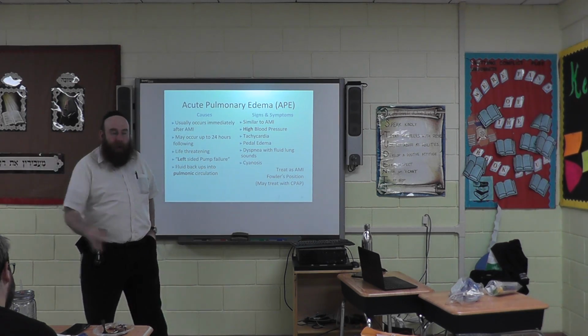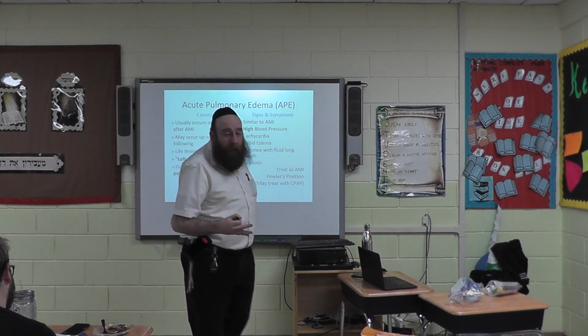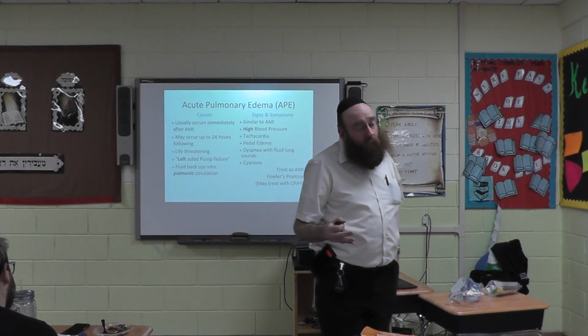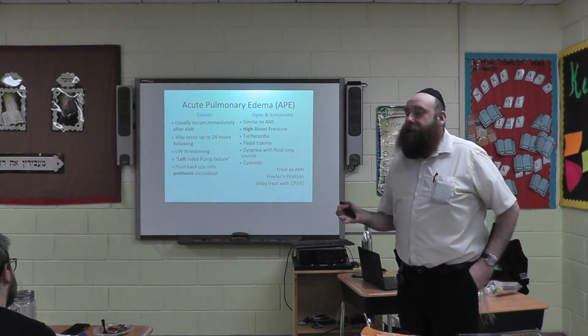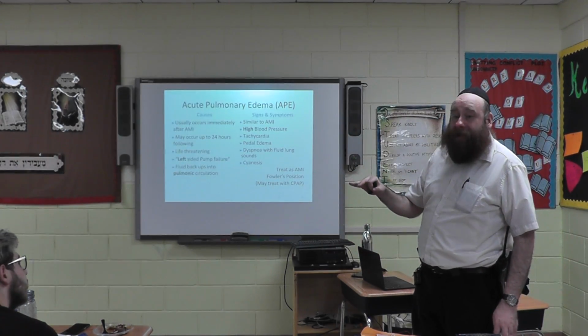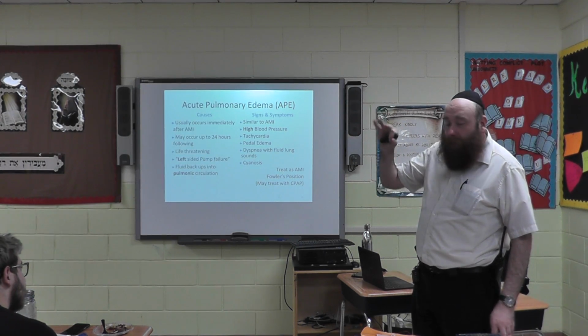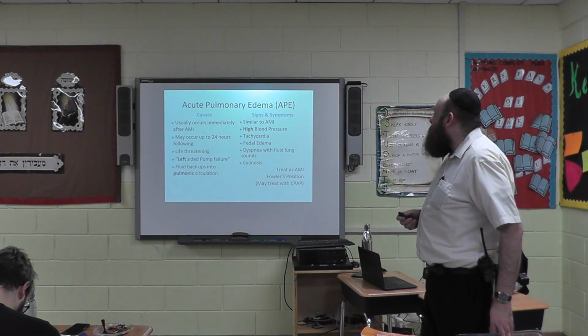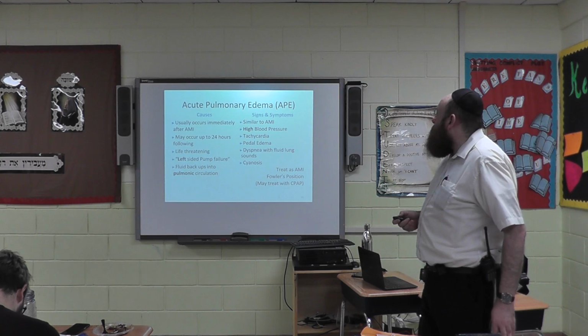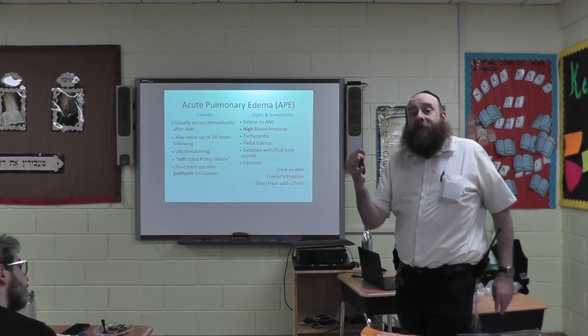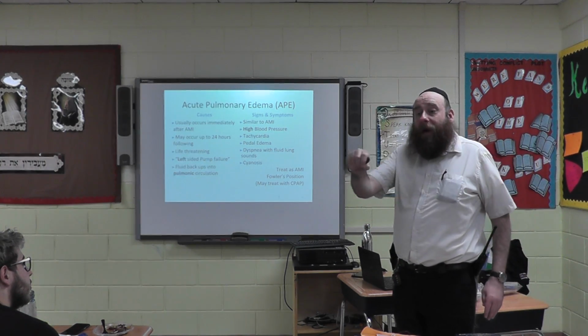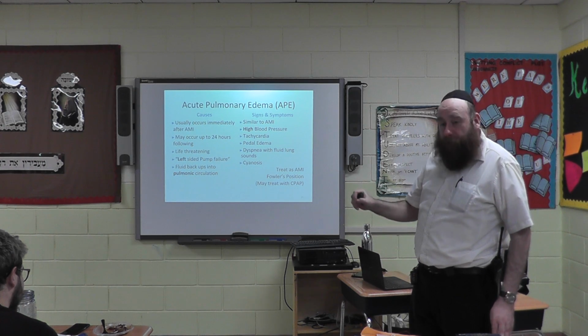Rales is the swishing around of water or fluid in the bases of the lungs. Hopefully it's just in the bases, not all the way up. When it gets all the way up, they sometimes have pink, write it down, pink frothy sputum.